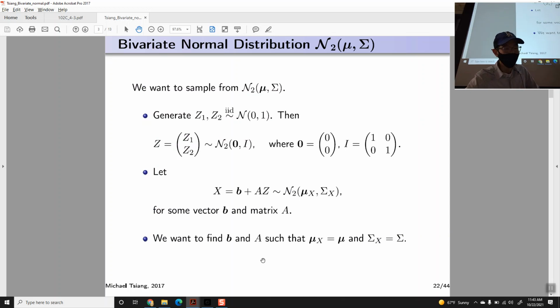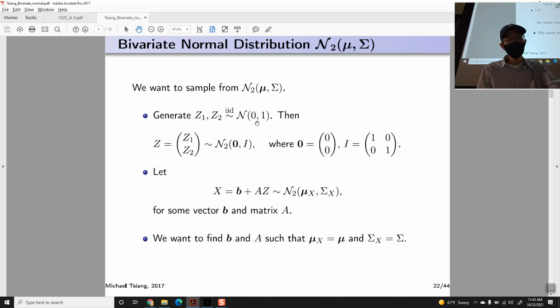So what we're going to do is generate values from the standard normal distribution, some vector z. Z comes IID from the normal distribution, so we generate a bunch of values for z1 and z2, and they're all independent. It's coming from a standard normal distribution.